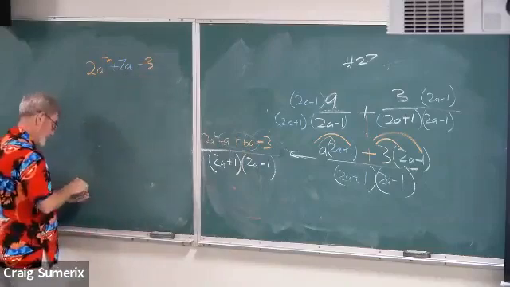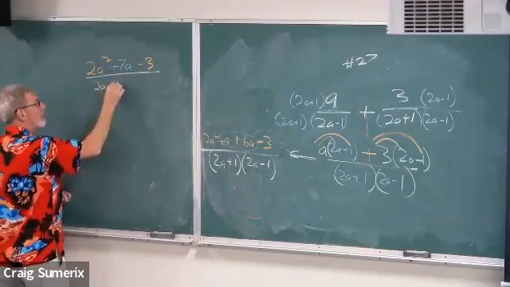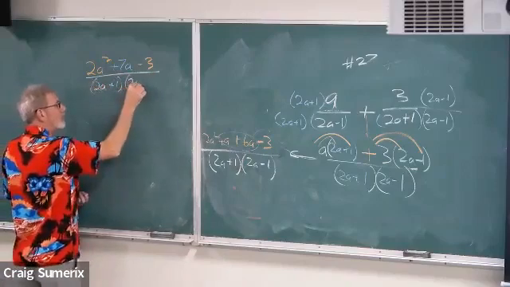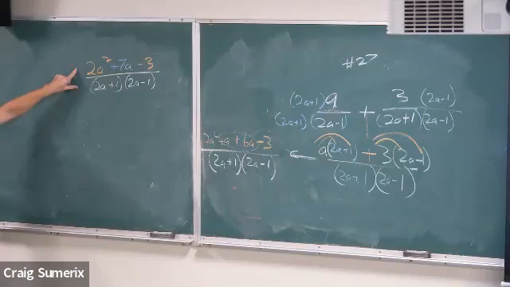Minus 3. Can we factor the top? See now at this point, we're back to section 7.1, where they just gave us these things and said, "Hey, simplify this fraction."